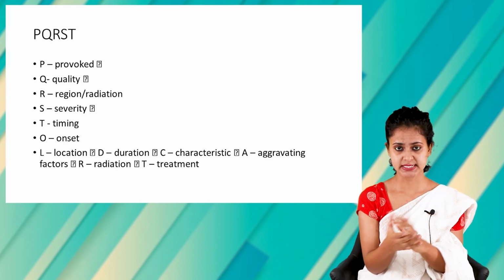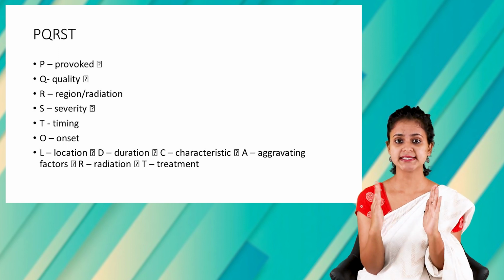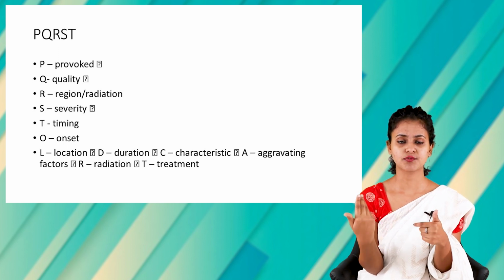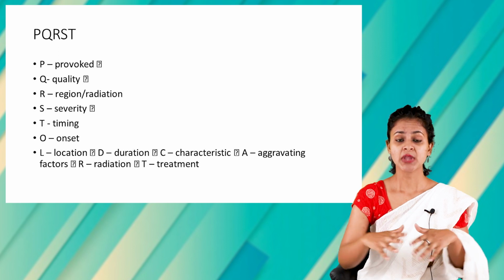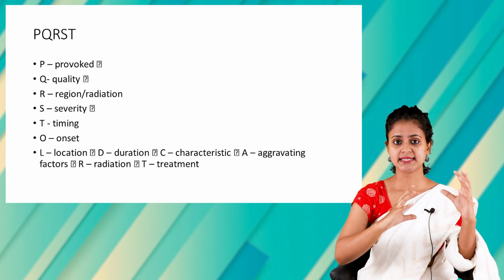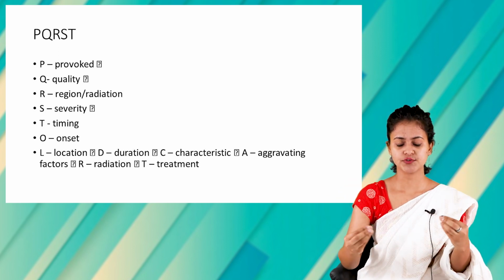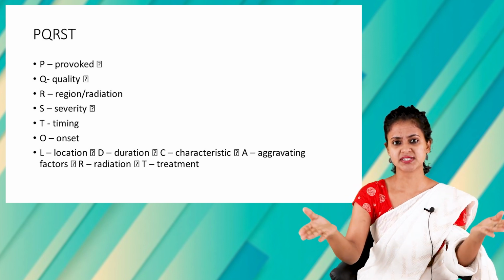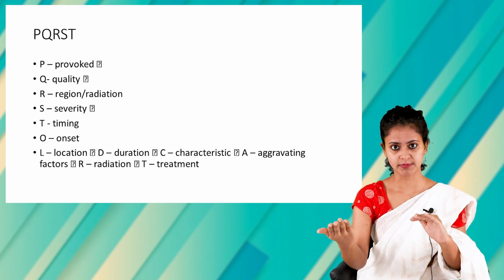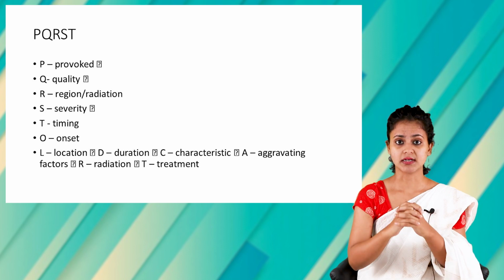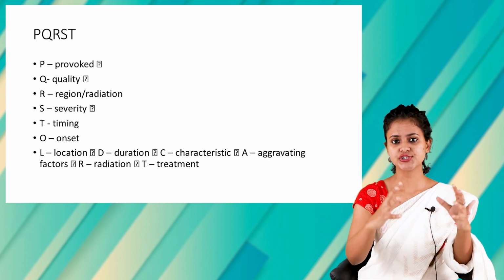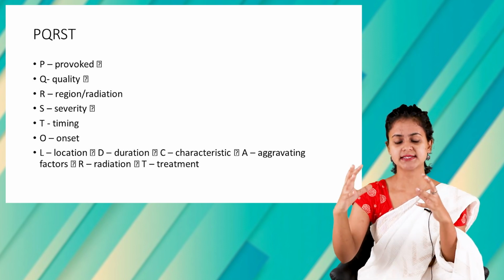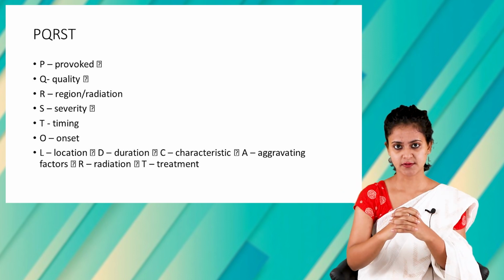As we have learned the format of WHAT'S UP, now we are going to learn about the format of PQRST. Similarly here, P stands for provoked, or what are the provoking factors associated with the pain. Q stands for the quality of pain, which shows whether the person is having throbbing pain or pricking pain. R is identifying the region or the localized area where the person is suffering from the pain.